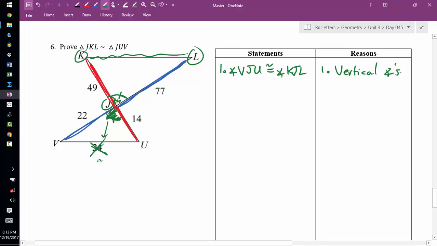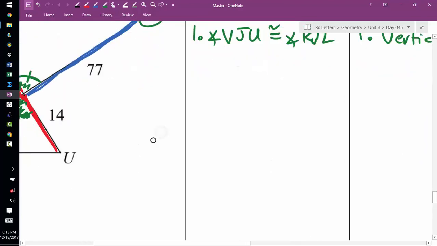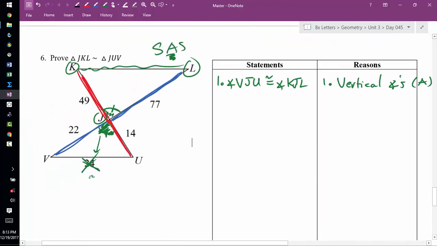So I've got my first fact, which is an angle. In order to use side angle side, which I'm going to use because I have an angle here, I know that the sides I need to trap that angle, they need to form that angle.